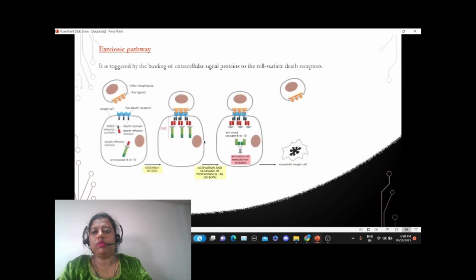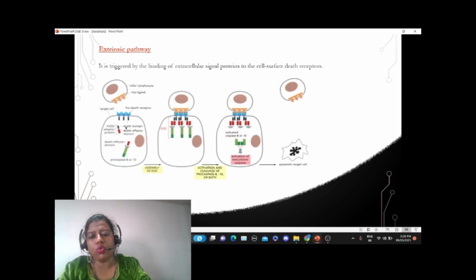Now, the second pathway of apoptosis is the extrinsic pathway. It is triggered by binding of extracellular signal proteins to the cell surface death receptor. Now, the target cell has a trimeric death receptor known as the Fas death receptor present on it. The Fas ligand is present on the killer lymphocyte. So as soon as the Fas ligand binds to the trimeric Fas receptor present on the target cell, there is recruitment of FADD.